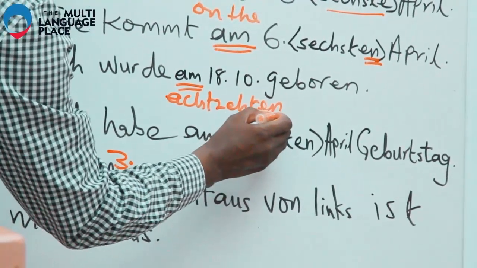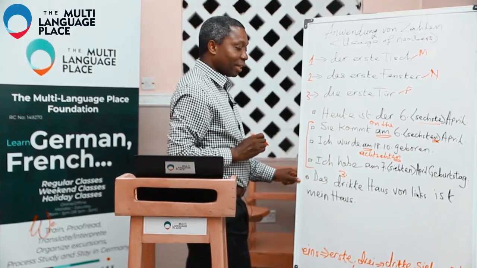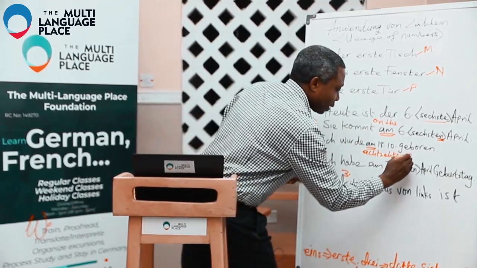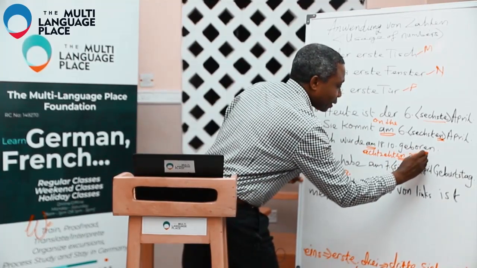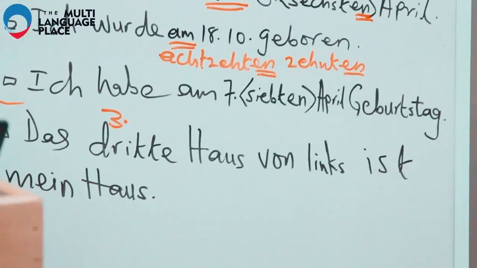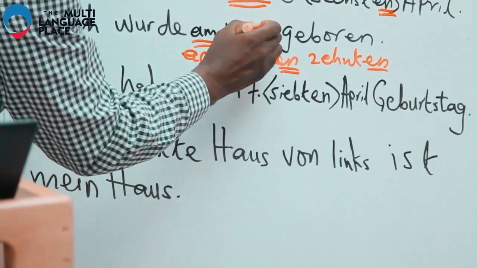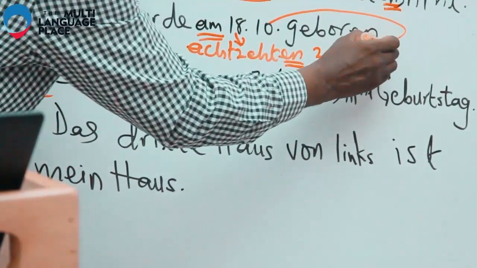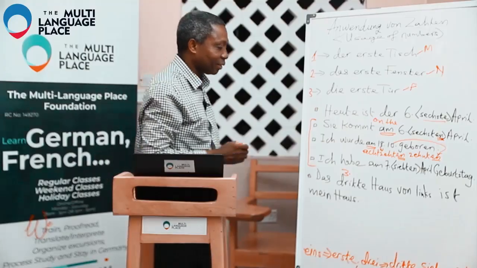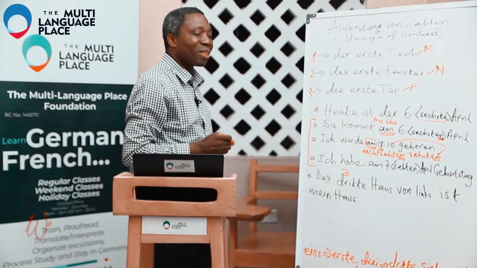Oktober geboren. So look at it. 18, and then you have E-N again, representing 18th, and then 10th October. Remember? Because it is on the am.